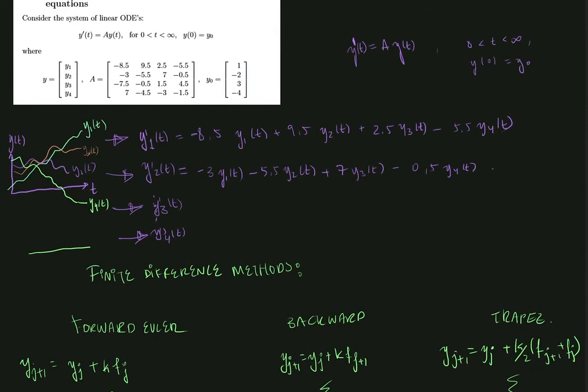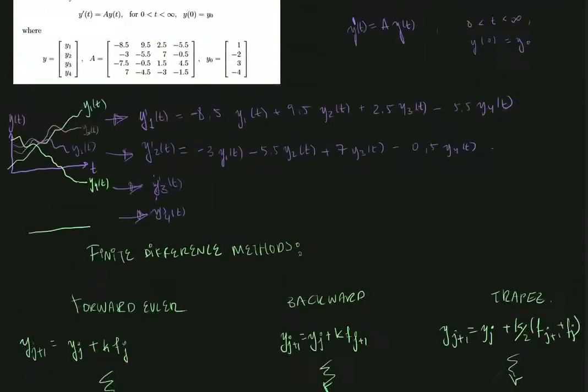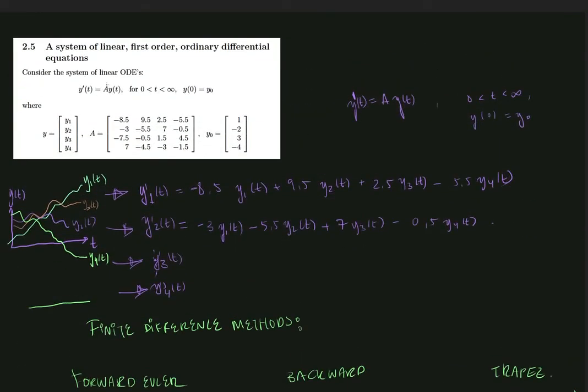And then we can add to it the step size k, which, well, is that a matrix? No, because that's just still a number. So we can add to that the step size k multiplied by the approximation of y prime in the time point t_j, which for us is just given by the matrix A multiplied by y_j.